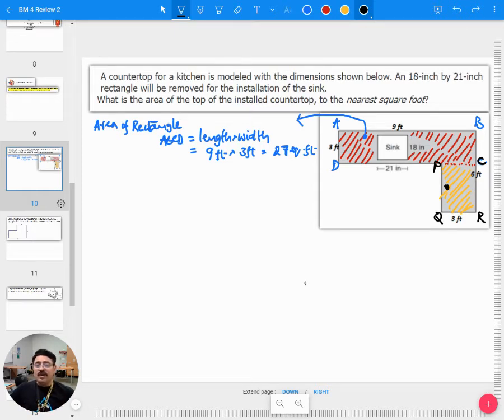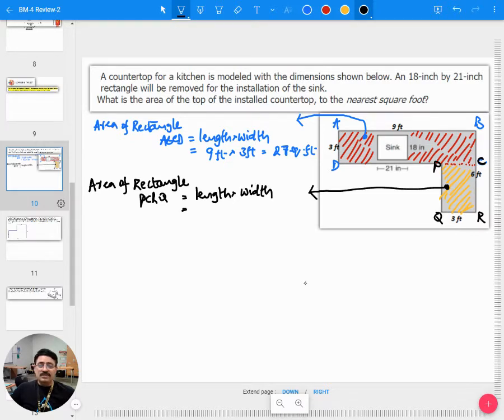So let's find the area of this rectangle, PCRQ. This is length times width.